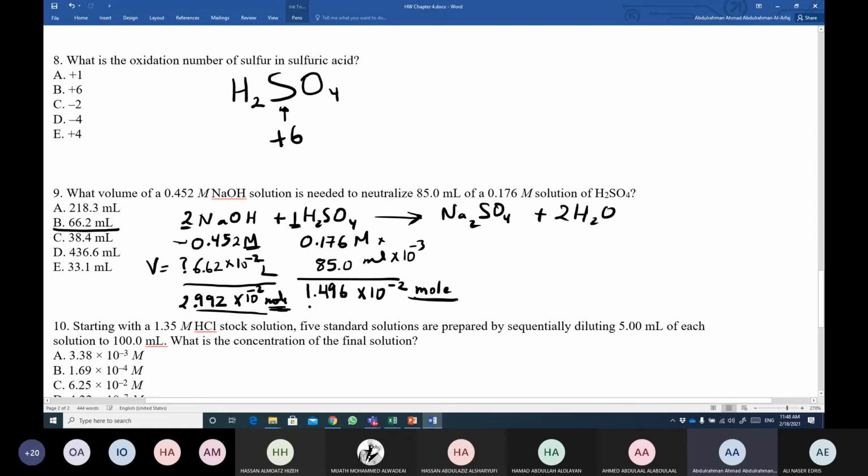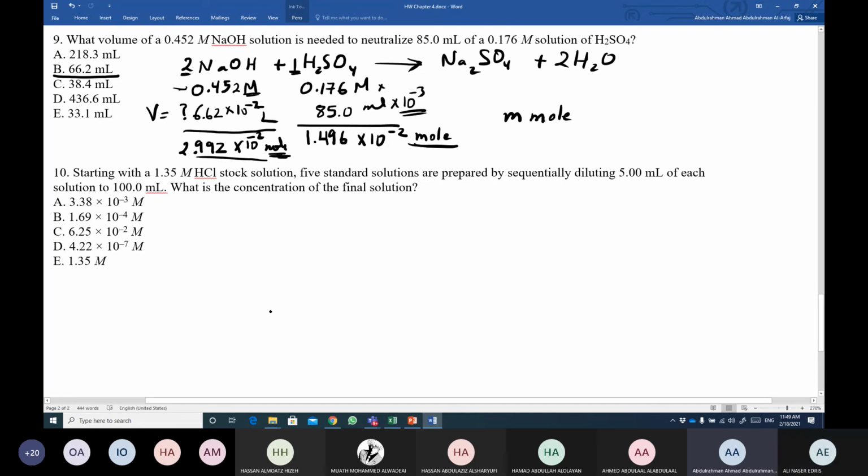If I want to change it to mole, I must multiply by 10 to the minus 3. Otherwise, I should use the unit millimole, and you will get the same answer. If I put the unit millimole, then I don't have to multiply by 10 to the minus 3.